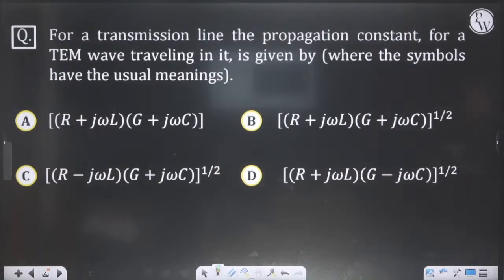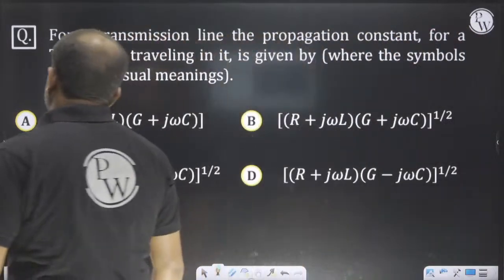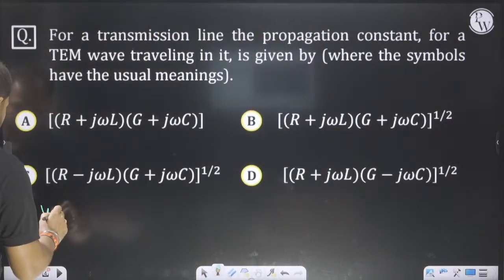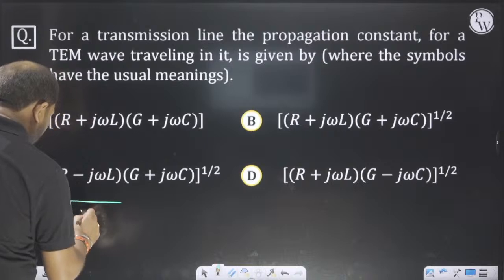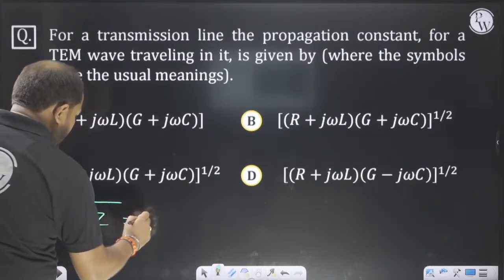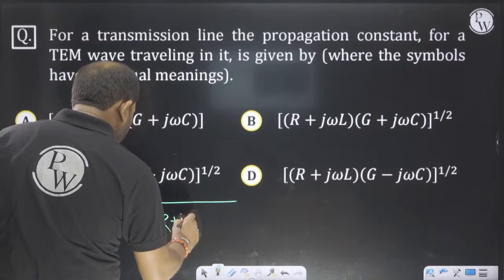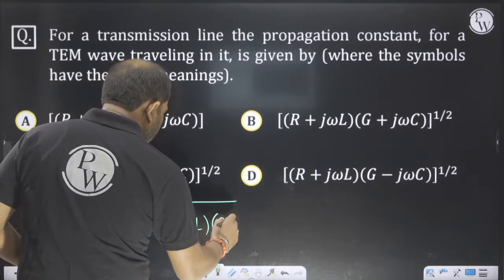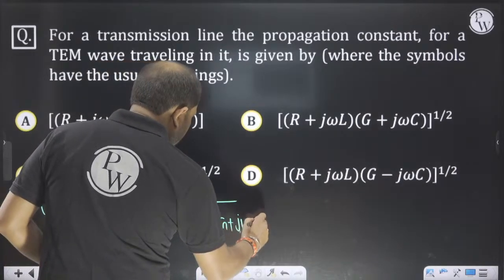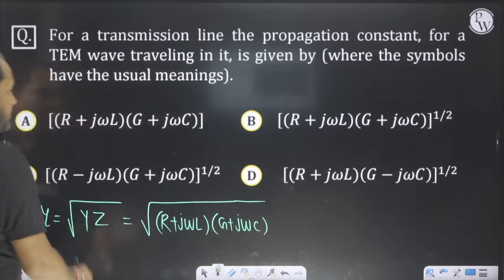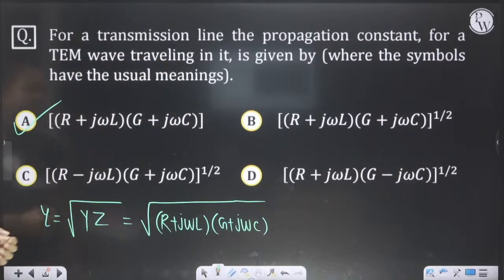We have studied in the previous class that propagation constant will be the square root of y into z, where z is r plus j omega l, and y is g plus j omega c. So this is the value of propagation constant. So our answer will be A.